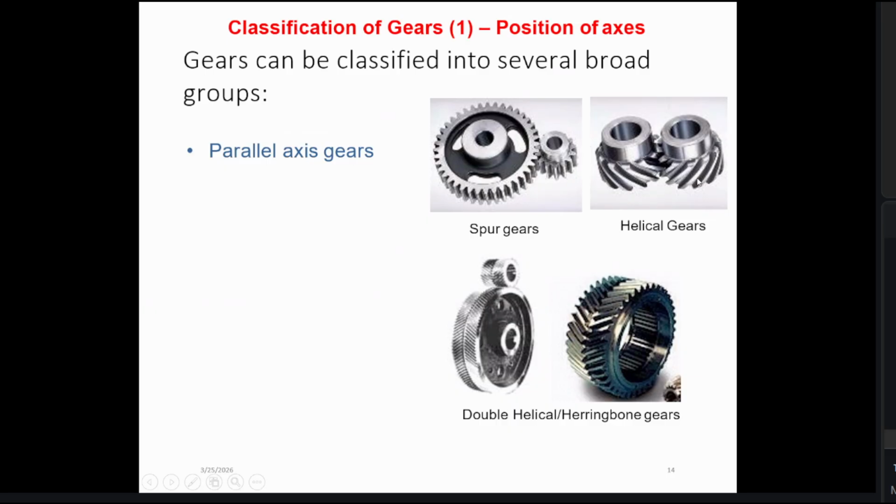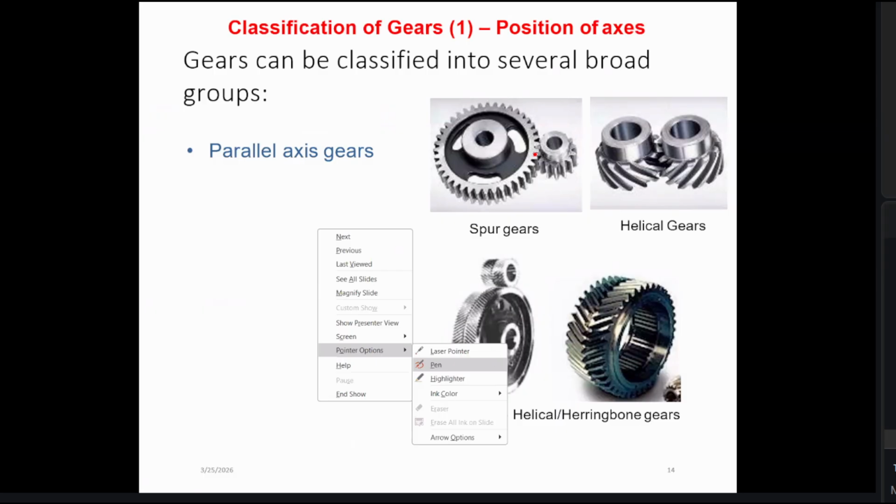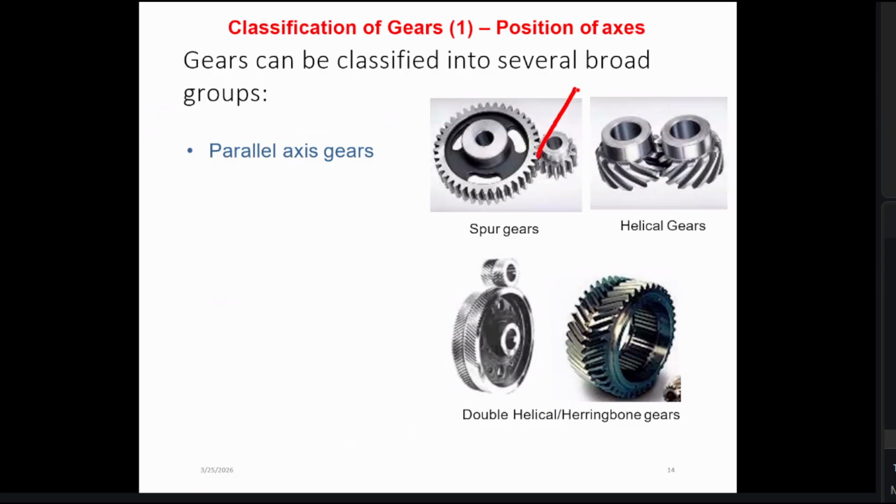The power transmission capacity is higher, and in the case of design principles, these spur gears can handle only tangential loads, right? So what do you mean by tangential load? Let me draw. So these tangential loads can be handled.